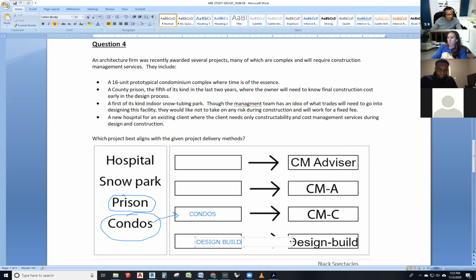So you want to do design build on that? The prison on design build? No, I mean, I think for the second it will be design bid build because they want to know the final construction cost early on in the design project. So it'll be a construction manager, contractor. I don't know. Sorry.